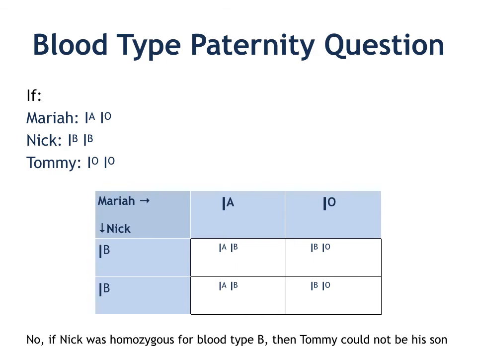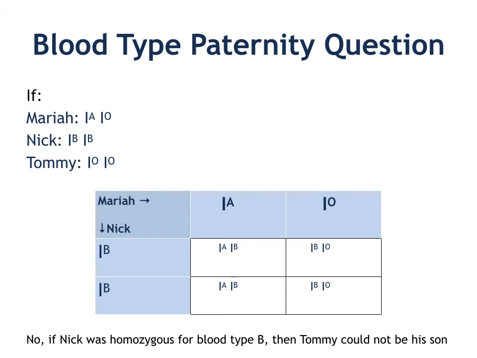What we see here is Mariah donating gametes that can be either IA or IO across the top row in blue, and Nick can only donate one type of gamete, the type B, in the blue down the left-hand column.